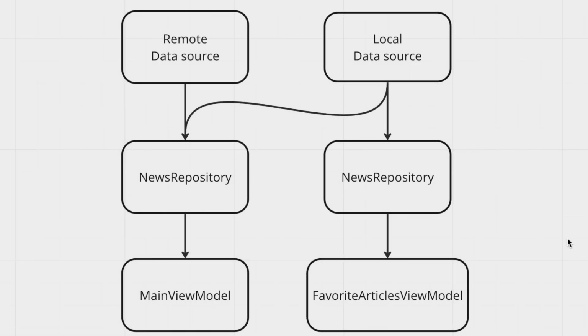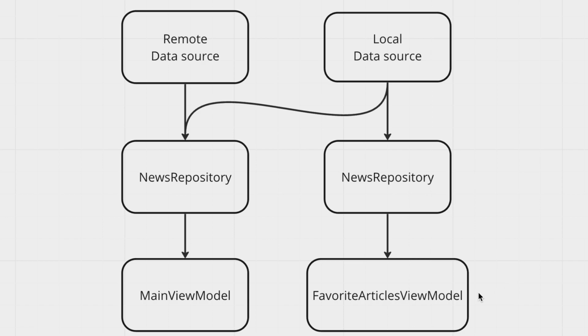This is what I want to arrive at in terms of dependencies in my application. As you remember, our main screen both fetches our articles from the remote data source and stores them. So inside our main view model, I want to have a news repository that has access to both our remote data source and a local data source to store the articles after they were fetched.